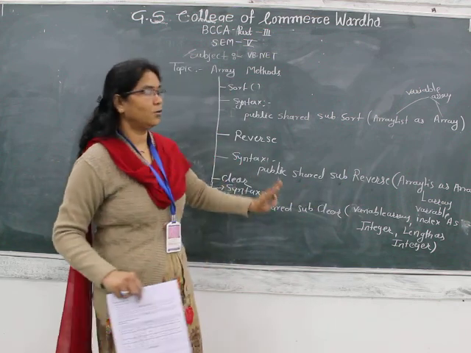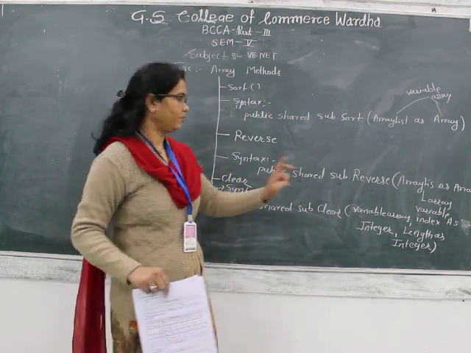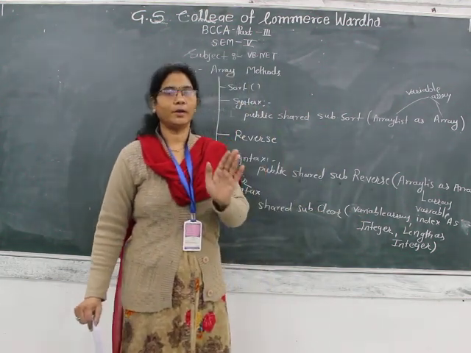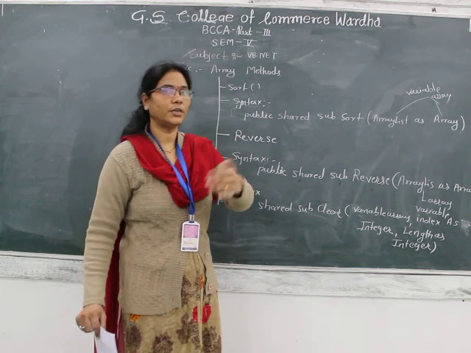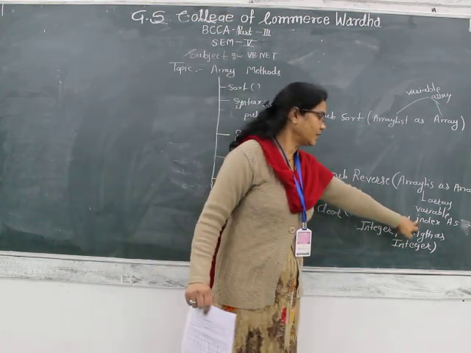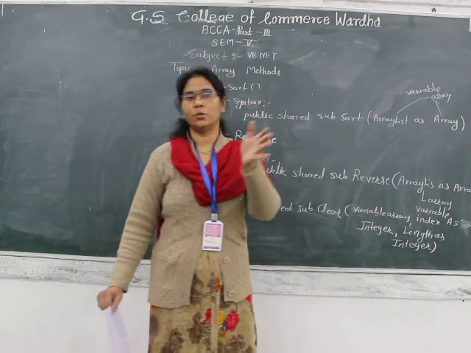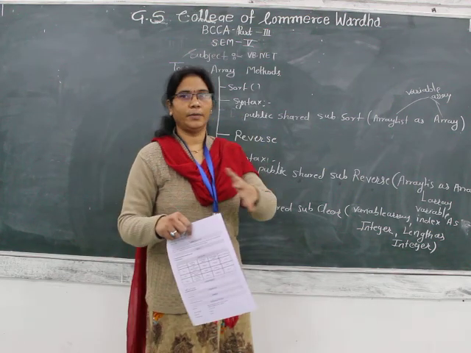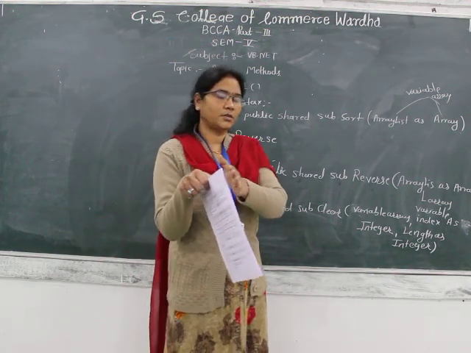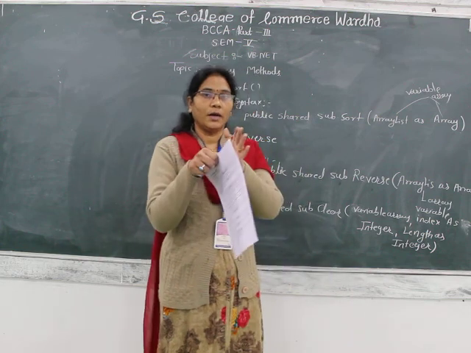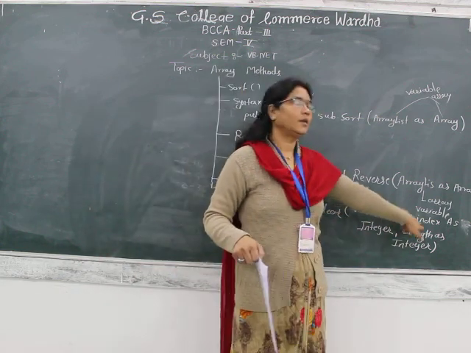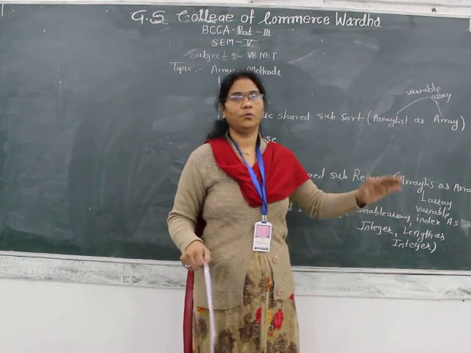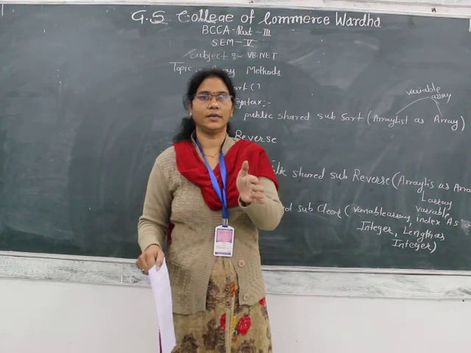So there are 3 arguments in that method. First is the array variable, that means the name of that particular array which you declared earlier. Then index as integer, that means 0, 1, 2, whatever starting point of that array from which you want to clear the elements.